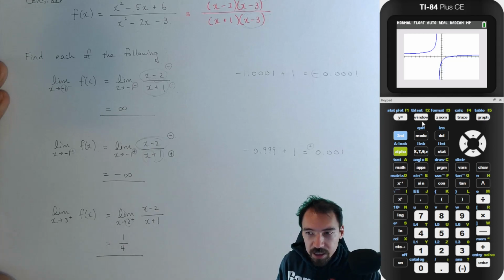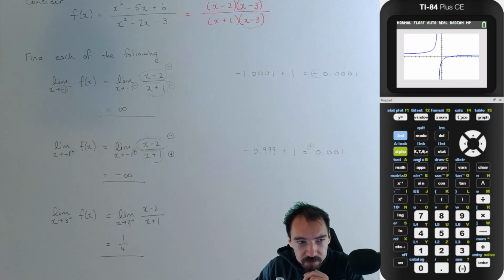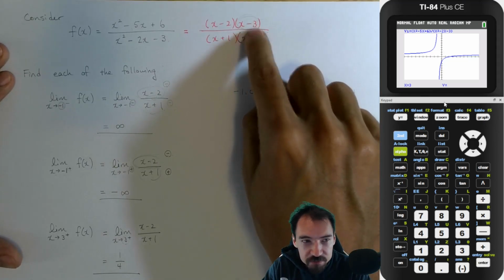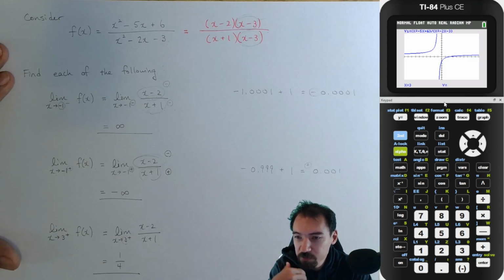In fact, it is. Wait, what's going on in the graph? At x equals 3, so if I hit the trace button and I punch in x equals 3 and I hit enter, there's no y value associated with that. Why not? Because when x equals 3, I have 0 over 0. Right? That's the hole in the graph. That's our removable discontinuity.